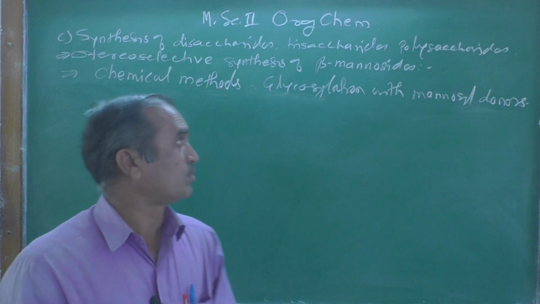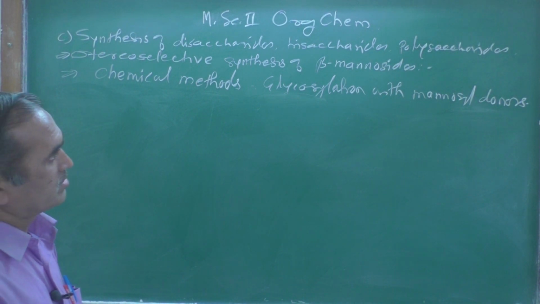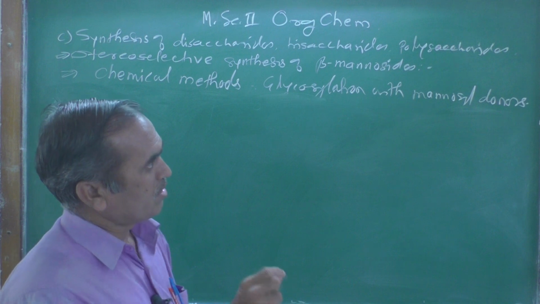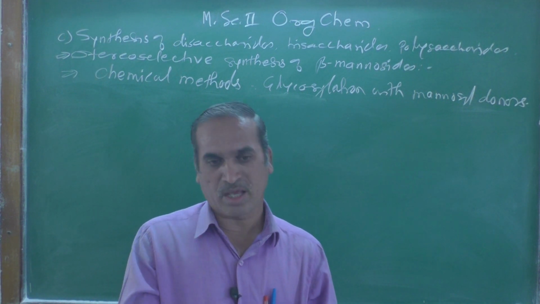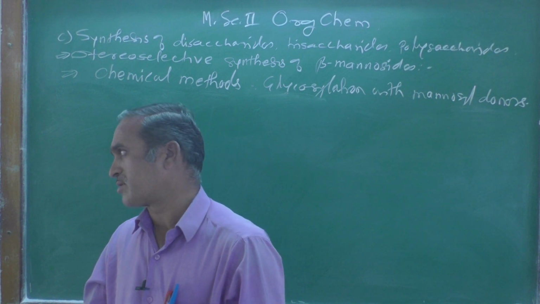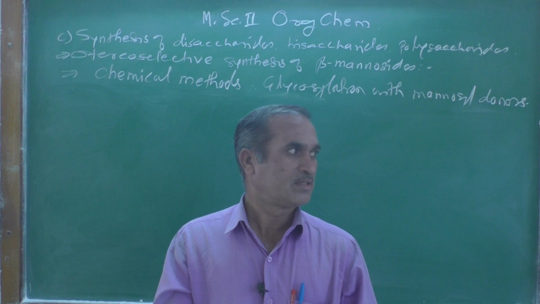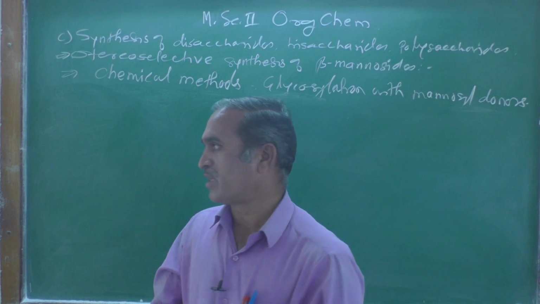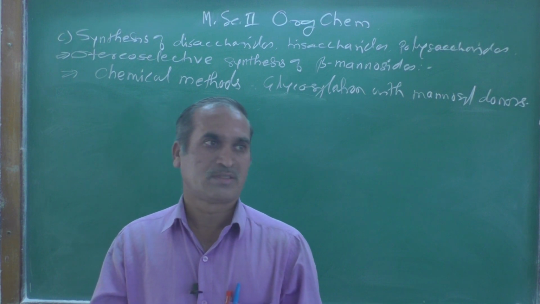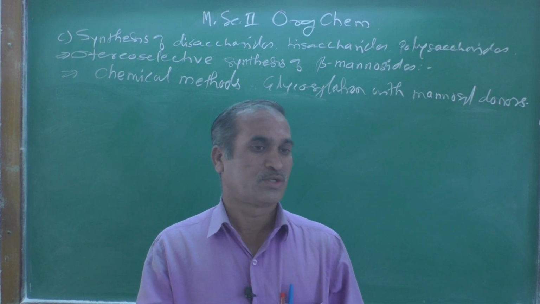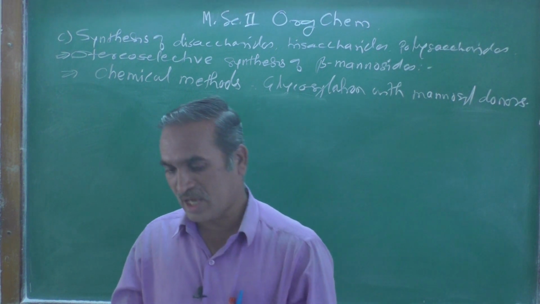Now we are going to discuss the chemical methods of glycosylation with a mannosyl donor. Whatever starting material acts as a donor, one is an electrophile and the other a nucleophile; one is a donor and the other should be the acceptor, and then the reaction takes place.